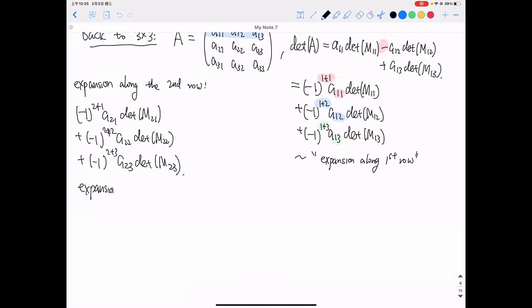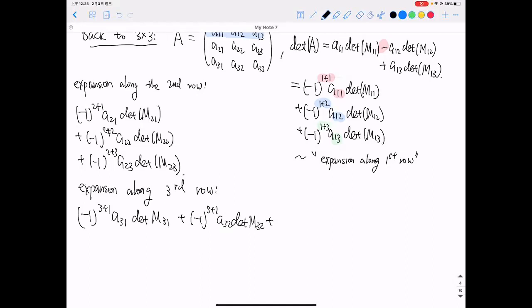That would be minus 1 to the 3 plus 1, A31, that M31, plus minus 1 to the 3 plus 2, A32, that M32, plus minus 1 to the 3 plus 3, A33, that M33.